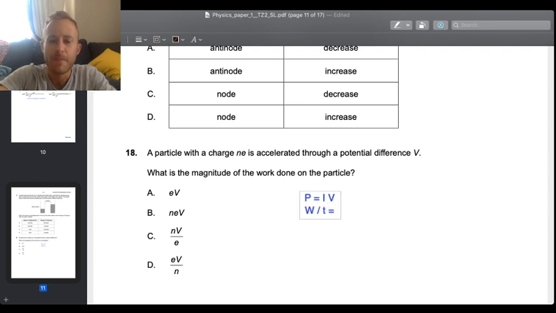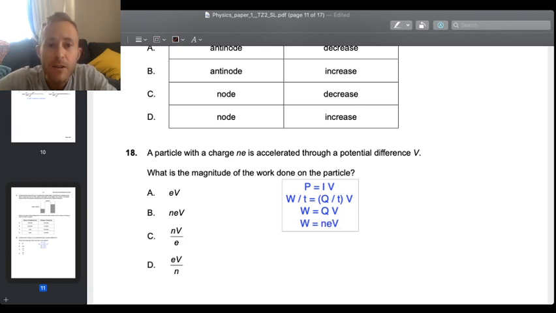Current is charge per time. So you can see the 1 over time cancel each other out, and we get work equals Q times V. So that means that work equals Ne times V. So the answer would be B.